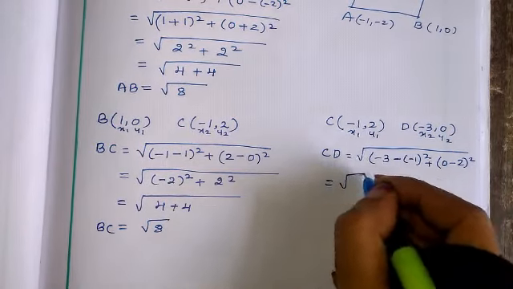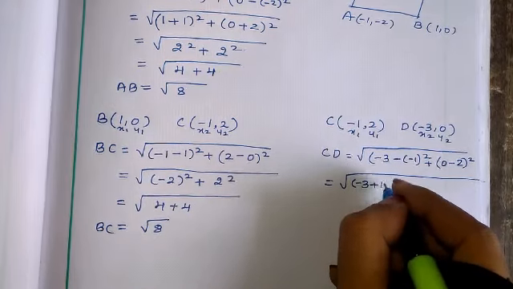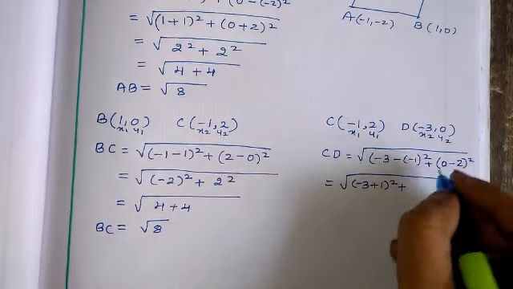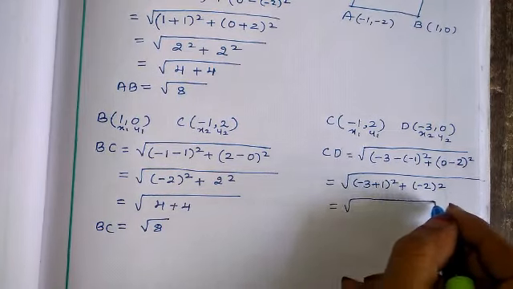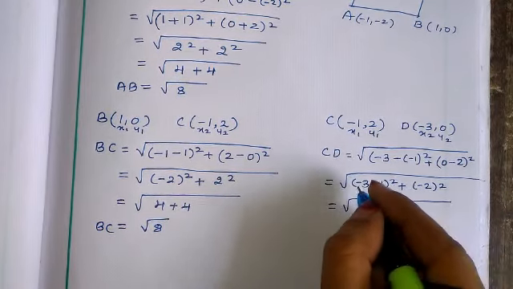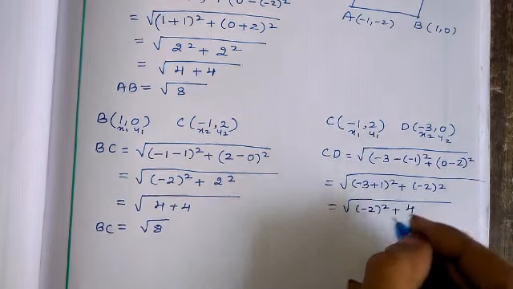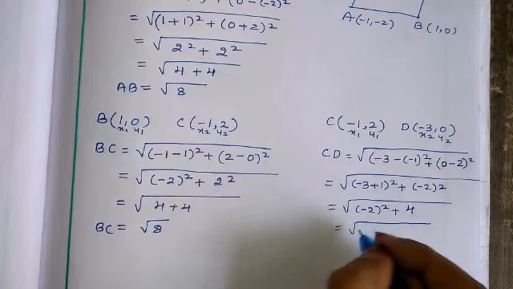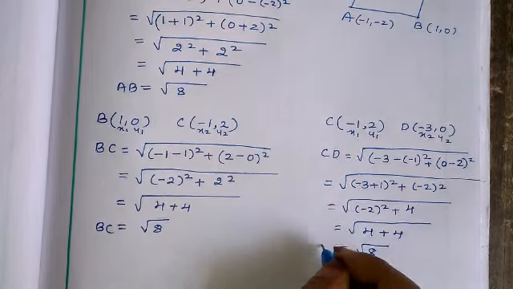So root of (-3 minus (-1)), minus minus is plus, square. 0 minus 2 is minus 2 square. Now 3 minus 1 is 2, so minus 2 square plus minus 2 square is 4. Here minus 2 square is again 4, plus 4, again root 8. This is also we got root 8.